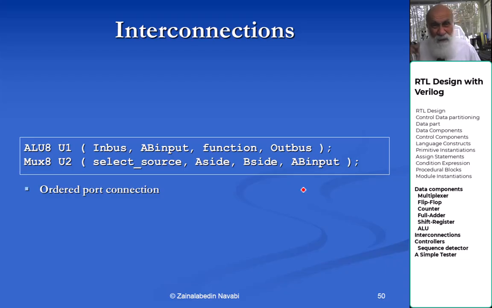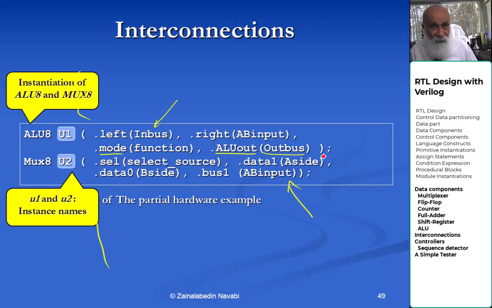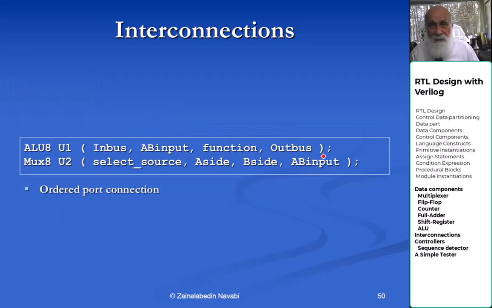That means I don't need to specify the names of the ports of the ALU or the multiplexer here. All I do is use this ordering, which is supposed to be the same ordering as the ports of the ALU to which these signals are being connected. And therefore I have two alternatives: named port connection and ordered port connection.